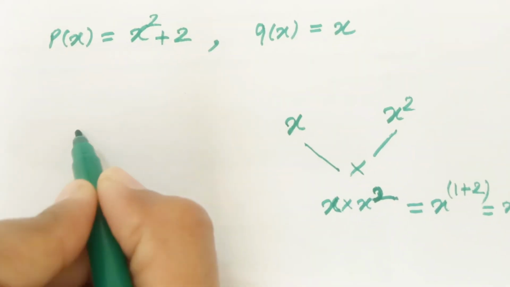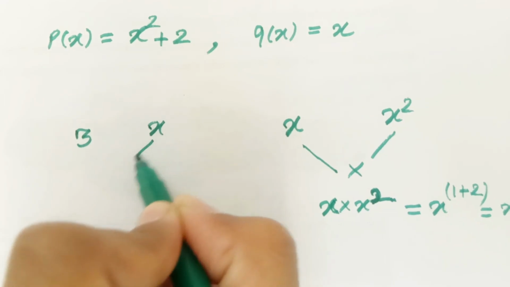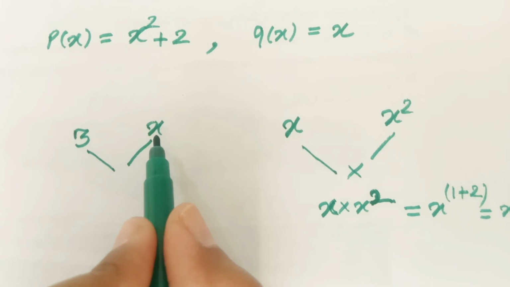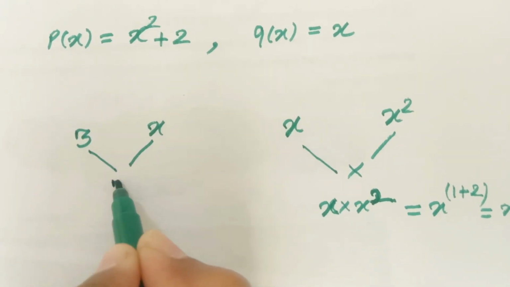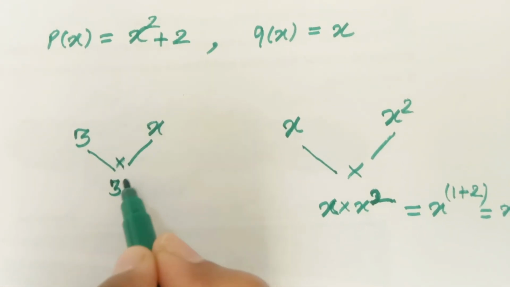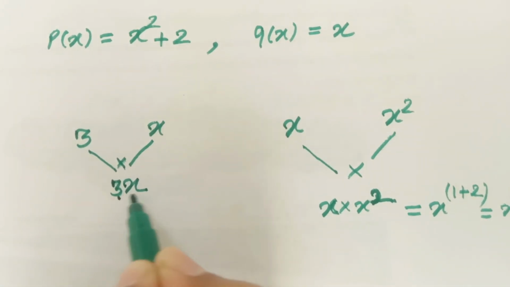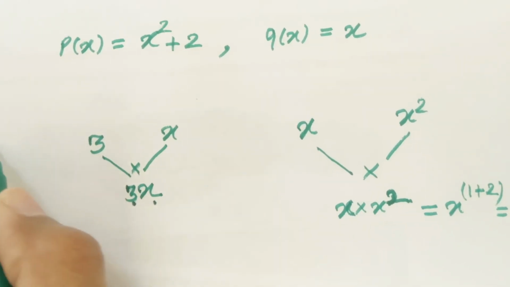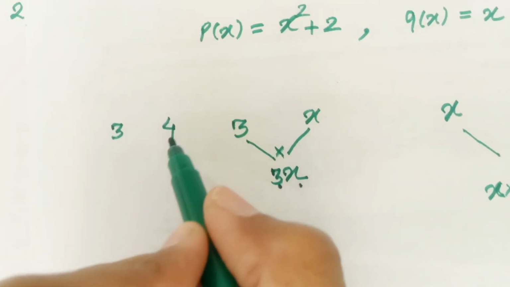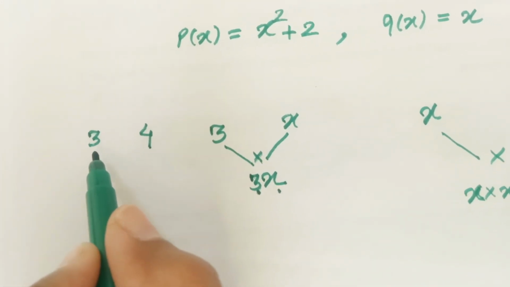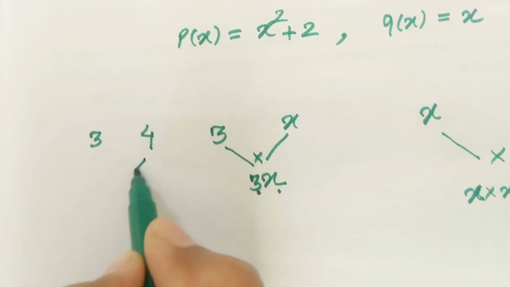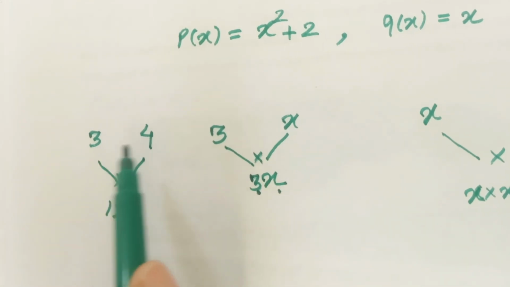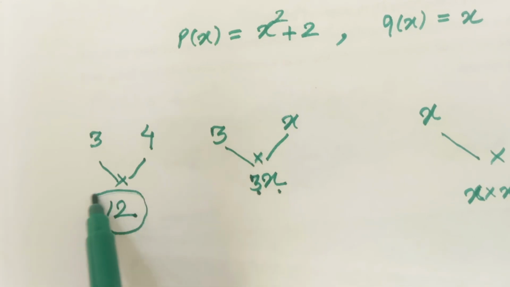Next, if we are multiplying a constant into a variable, the variable is unknown, so it is not possible to multiply and find a fixed answer. The product of constant into variable is just constant x, like 3x. Second, if we are given two constants, here 3 and 4, the product of two constants is again a constant.